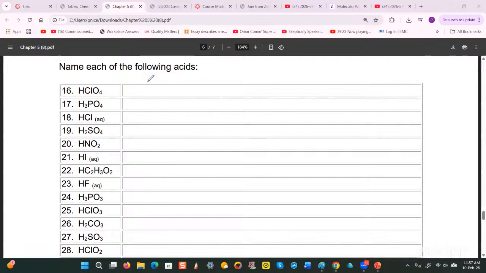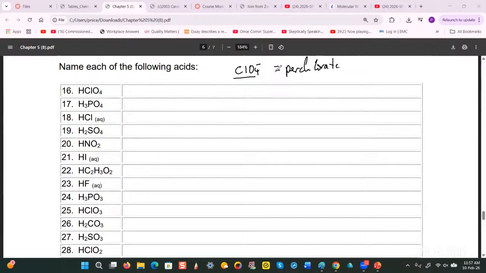What I would do in this case is go to the table and look for the name of the ClO4 minus. And what's the name of the ClO4 minus? ClO4 minus is perchlorate.